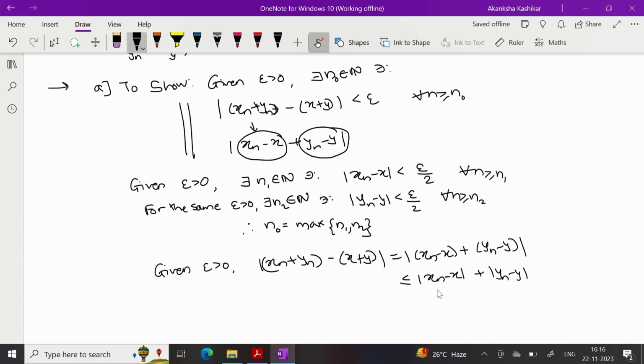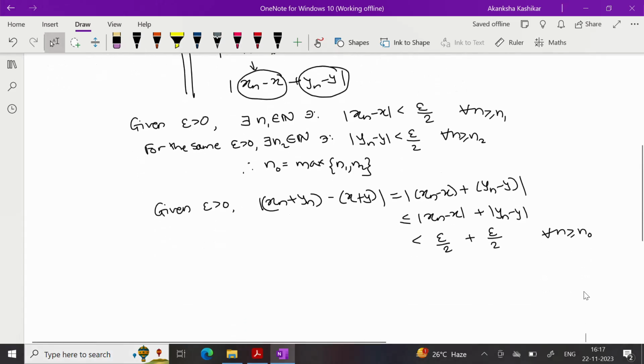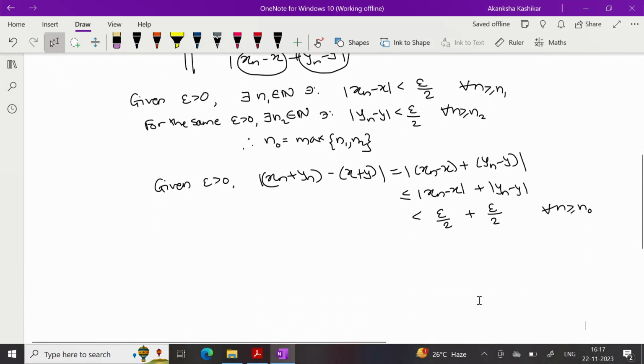And now I know that the first term is less than epsilon by 2 and the second term is also less than epsilon by 2 for every n greater than or equal to n naught. Thus, I have mod of xn plus yn minus x plus y is less than epsilon for every n greater than or equal to n naught. And that's what we wanted to prove. Therefore, we have proved that xn plus yn converges to x plus y. Okay, so this concludes our part A.